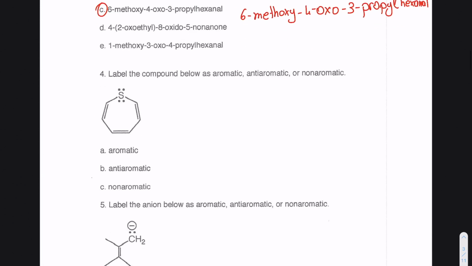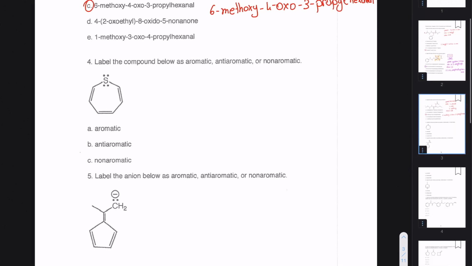For number 4, it's going to be about aromaticity. So let me go a little bit over the rules of aromaticity. So we have 3 things. We have aromatic, non-aromatic, and anti-aromatic.